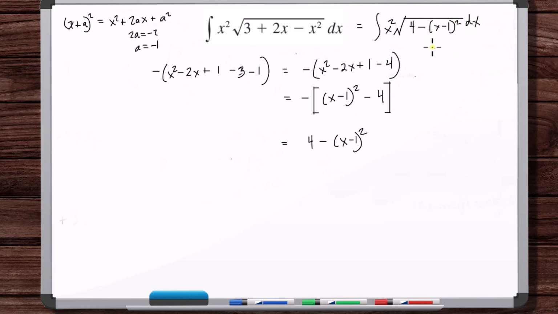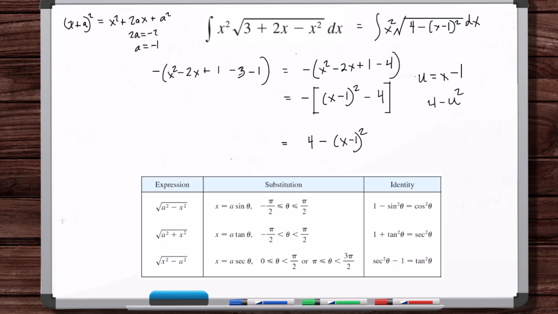If we say that u is equal to x minus 1, then we've got 4 minus u squared. And that means the trig substitution we want to use is this. We want to say that u is equal to 2 sine theta.